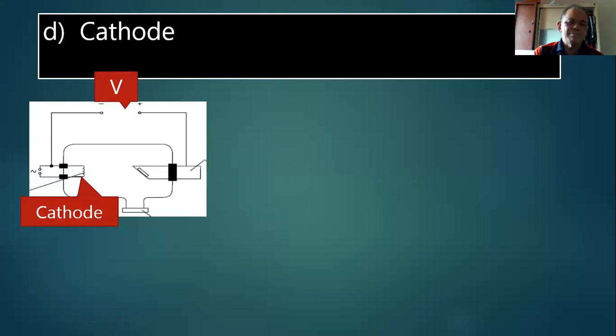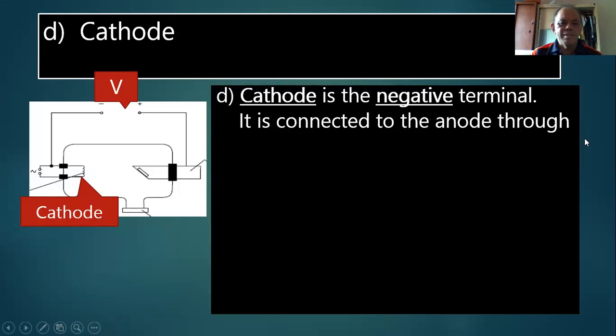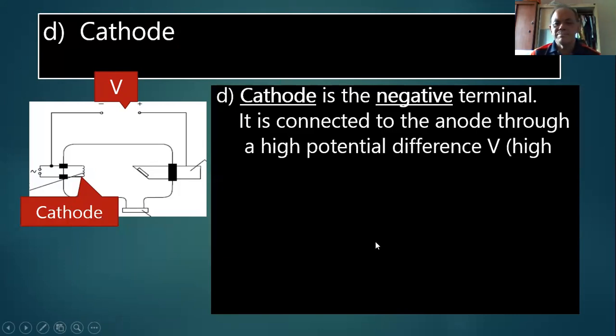Okay, the cathode is negatively charged, and it is all connected to the anode with the power supply. This V is usually high, providing a high potential difference.